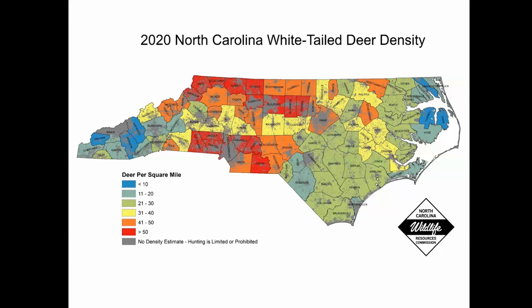We put those into a population model, which gives us a population estimate, and we do this at the zone level. And then we proportion out deer numbers to the county level based off of our reported antlered buck harvest. So that's 3 different data sets that we use to produce this map.